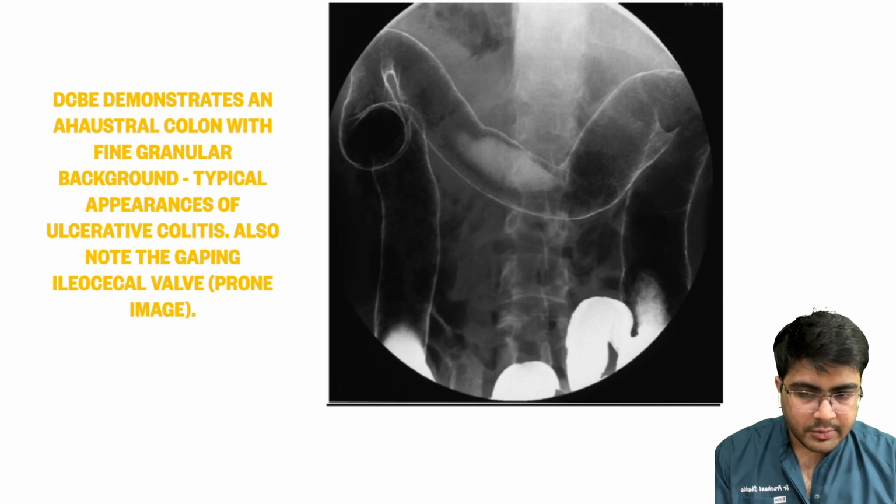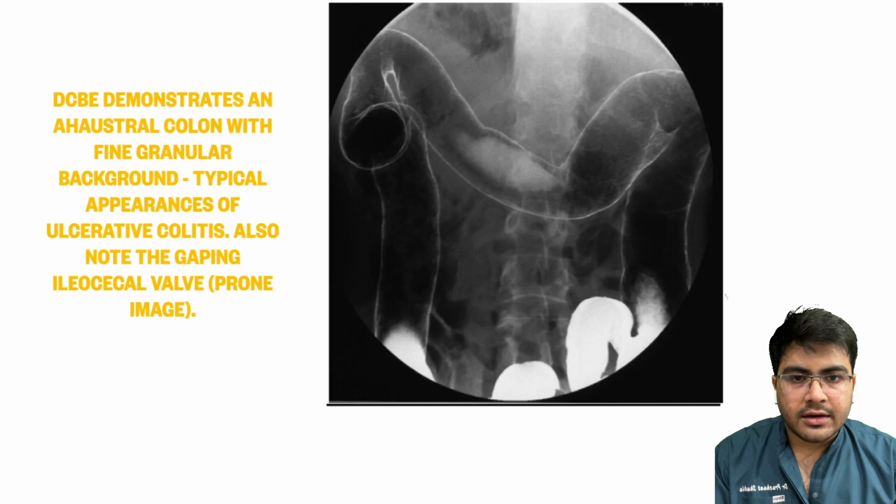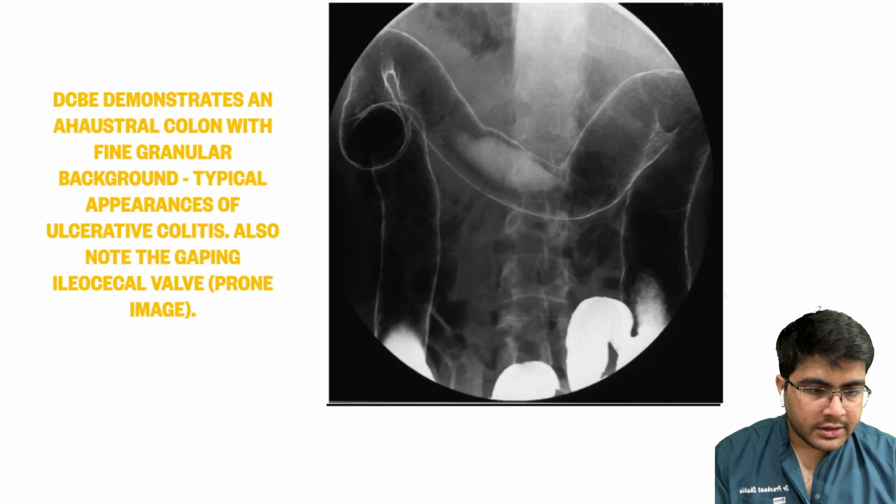So this is a double contrast barium enema, and here you can see there are no haustrations. So as we discussed in our intestinal obstruction x-rays, we need to look for haustrations to call it large bowel, but here you can see there are no haustrations, and there is a fine granular background, and this is the typical appearance of ulcerative colitis.